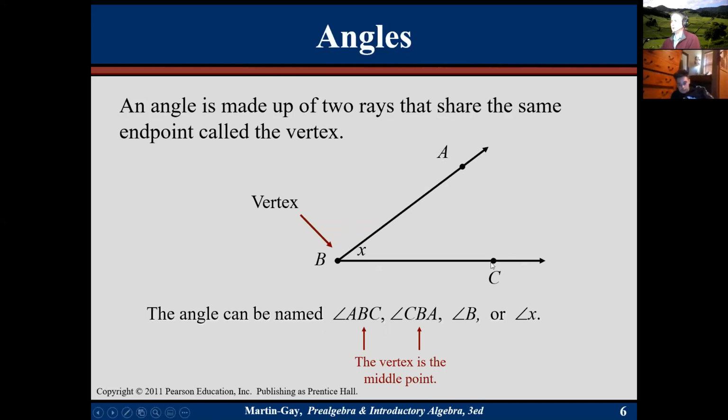So we wouldn't call this angle ACB, right? Because B is the vertex, so it lies in the middle. Or we could just call it B, or we could also call it X. We'll talk about how we define the measure of these angles and how we quantify that in just a second.